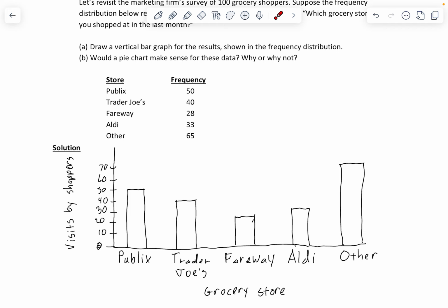So what that means is that we are not comparing distinct parts to a whole. The categories overlap. Some individuals shop at more than one type of grocery store. One person maybe shopped at Publix, Trader Joe's, and Aldi in the last month, so the same person would be represented in multiple categories.